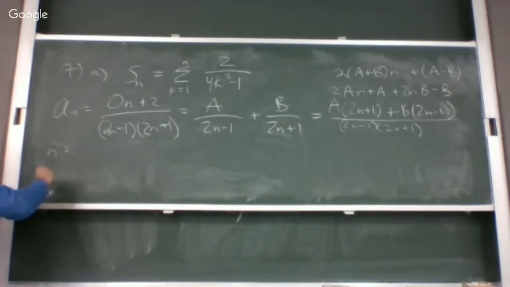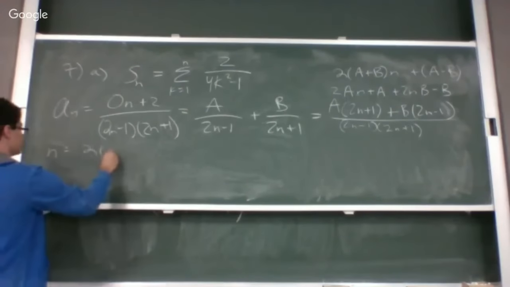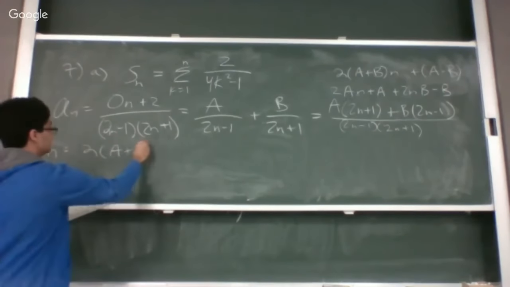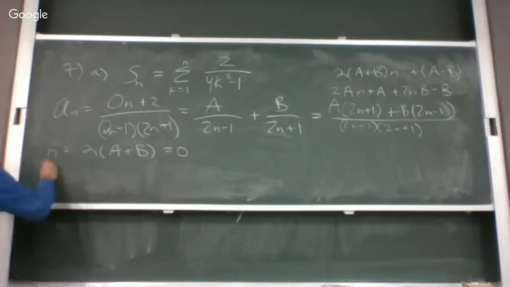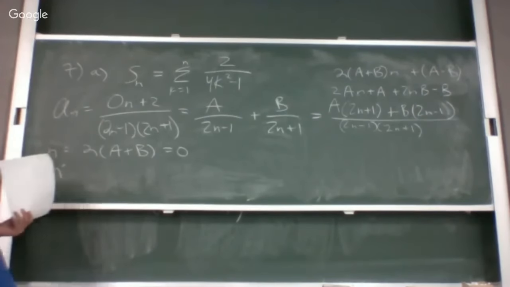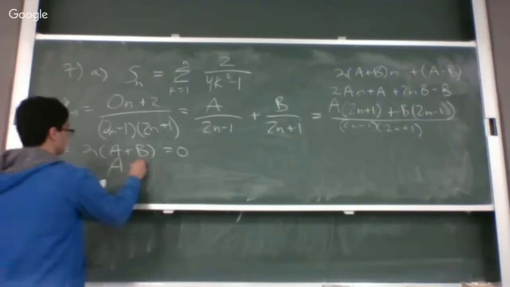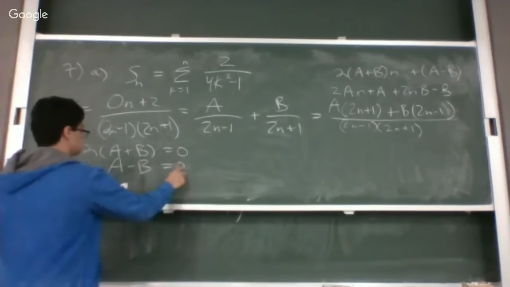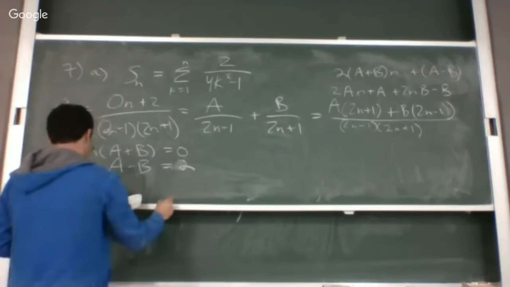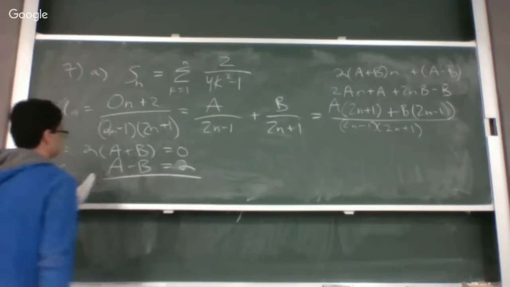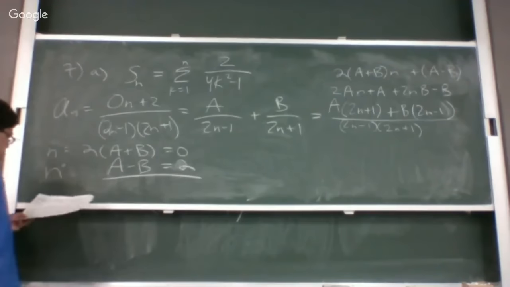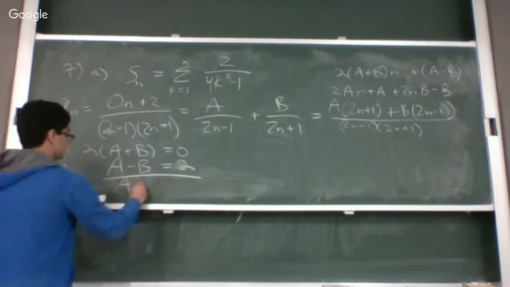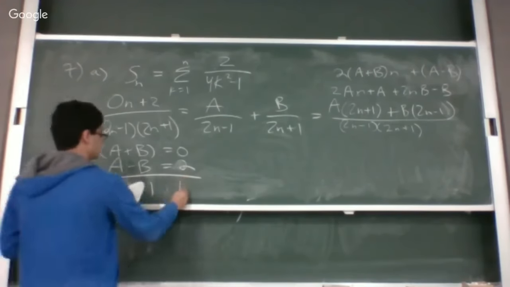So then we equate the common coefficients. The ones with the n are 2 times A plus B equal to 0. The ones with n to the 0 power, essentially, is A minus B equal to 2. Then if we subtract them, we have A is equal to 1, B is equal to -1.